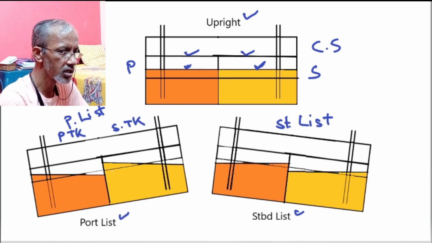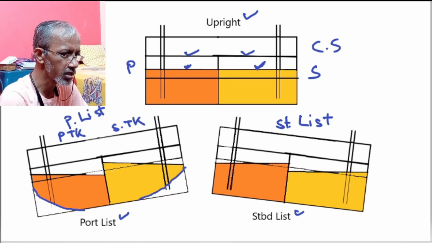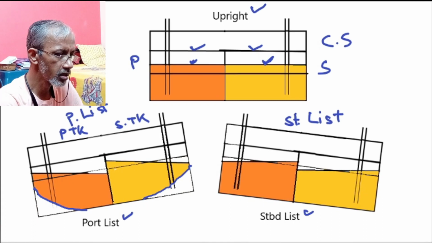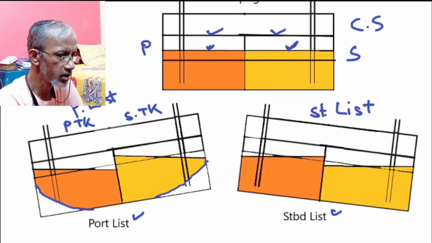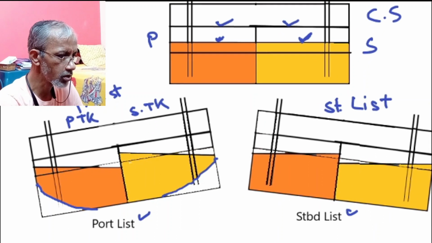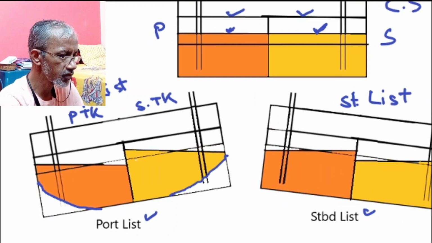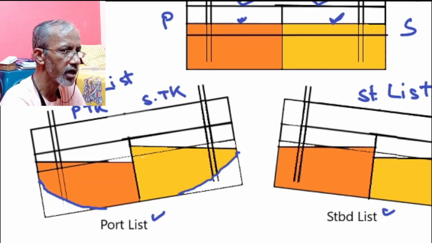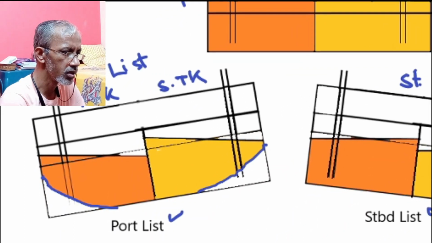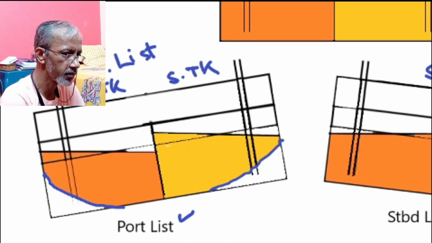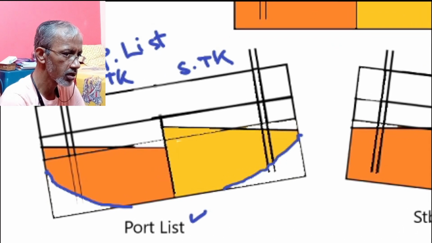Let's say the cross-sectional area is somewhat like this. Then in that case, as the liquid shifts towards the port side, the level of the liquid increases further, and the new sounding would be somewhat greater than this in the port tank.